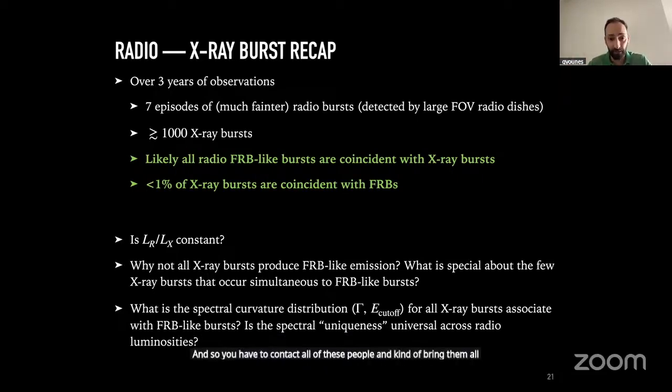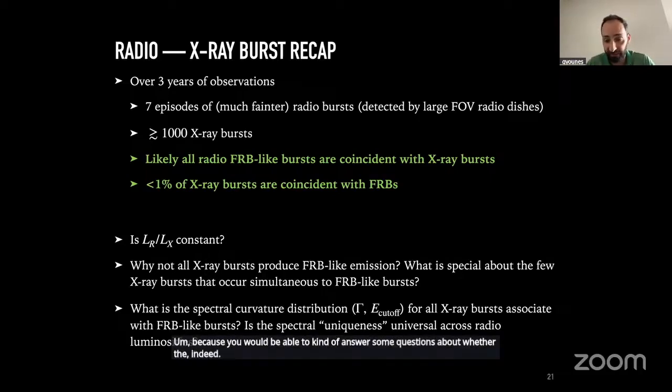But I think it would be very useful because you would be able to answer some questions about whether indeed the radio to X-ray luminosity ratio is constant. What is the scatter there? Is it very tightly correlated, or is there a lot of scatter? All of that is extremely important.